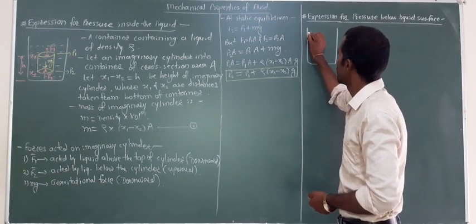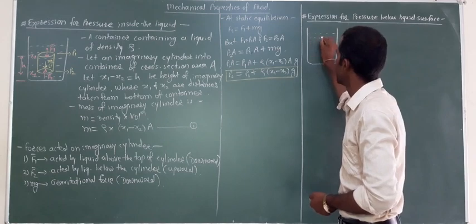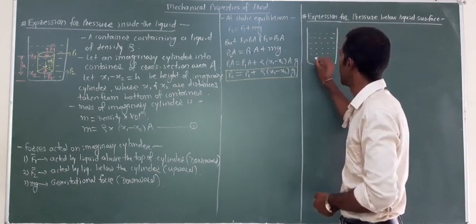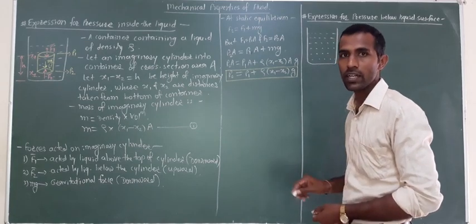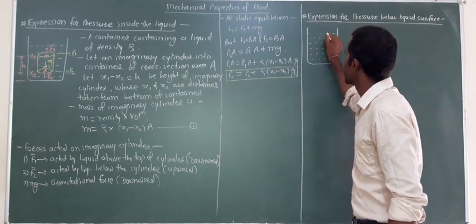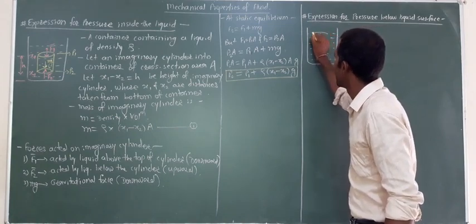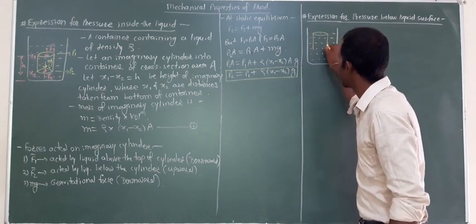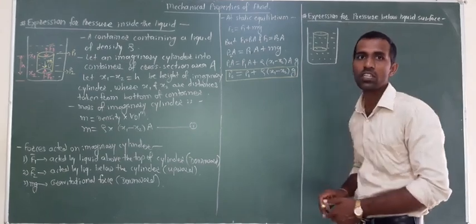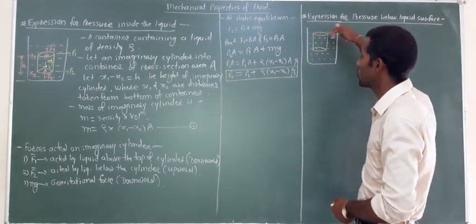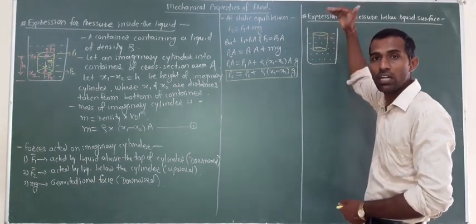This container consists of a liquid in which we are taking an imaginary cylinder, but the top of the imaginary cylinder coincides with the free surface. Free surface means the surface of liquid in contact with air.